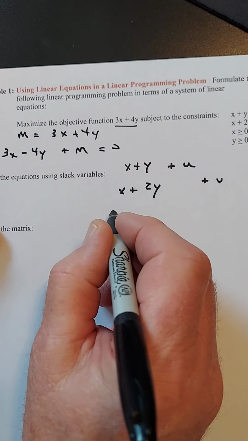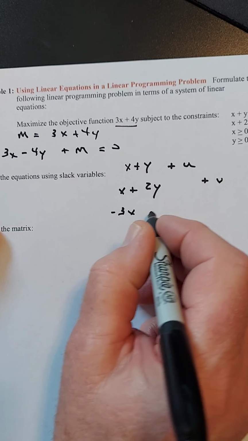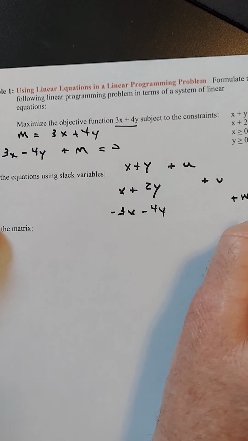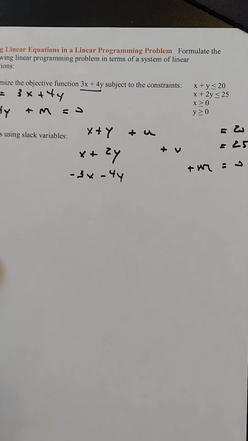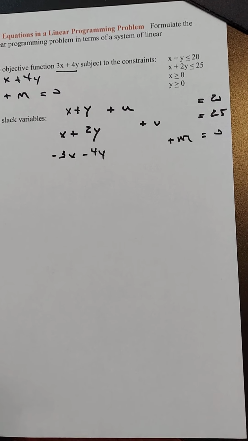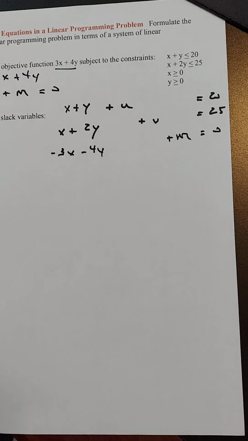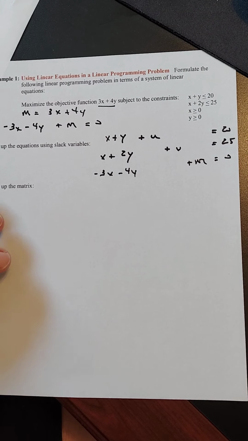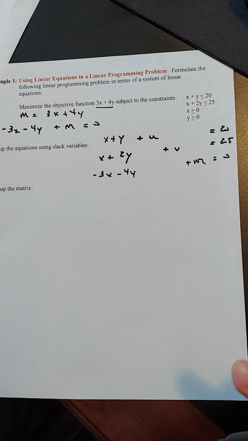So that comes down here, negative 3x minus 4y plus m equals 0. I'm going to zoom that out. See if I can pull that up a little bit. There. See if that's a little better, because I know I keep losing parts of the paper.